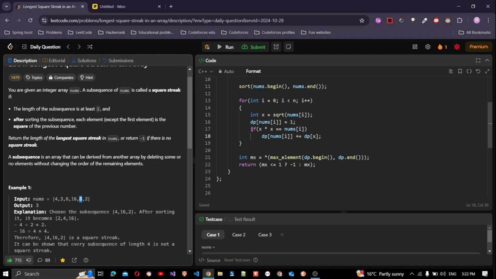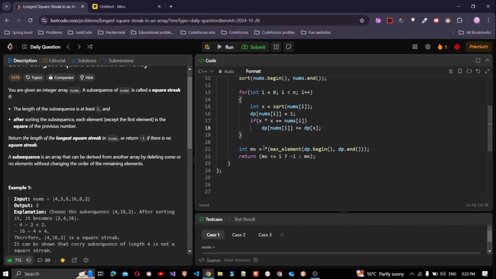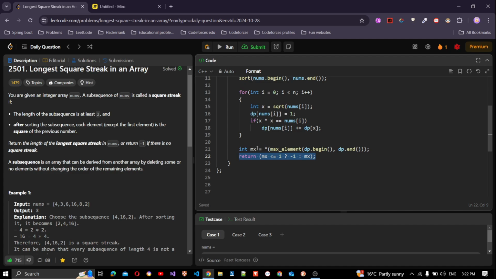So we check that here, and then dp of nums i will be plus the dp of x. At the end, we find the maximum, and if the maximum is smaller than or equal to 1, we return -1. It actually cannot be smaller than 1, but just for completeness, the length of the sequence, as it says here, has to be at least 2.